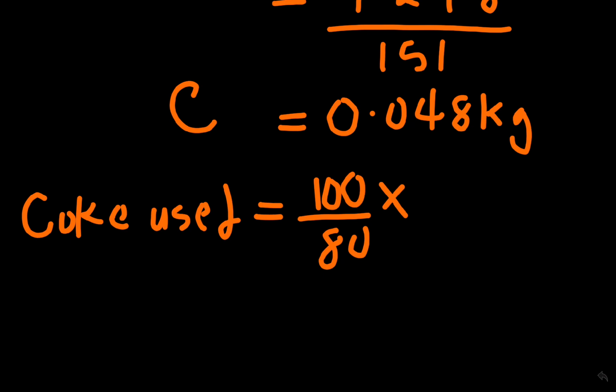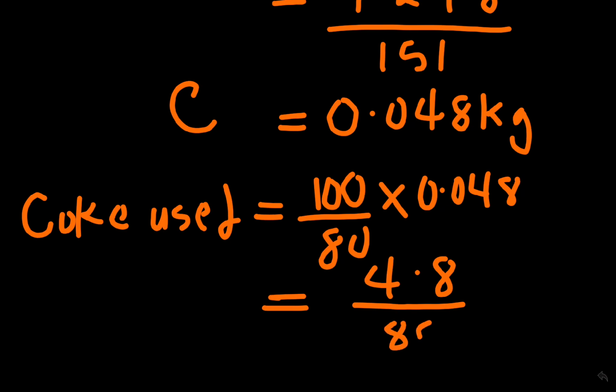So times 0.048, and if you punch this, we would arrive at 100 times 0.048, which gives 4.8 divided by 80.